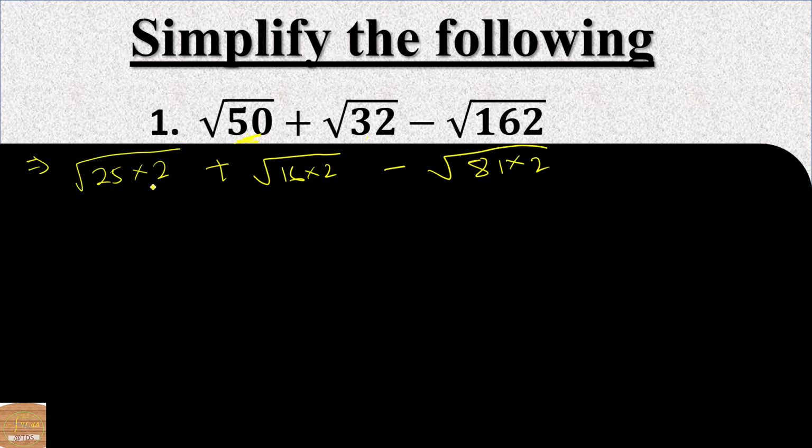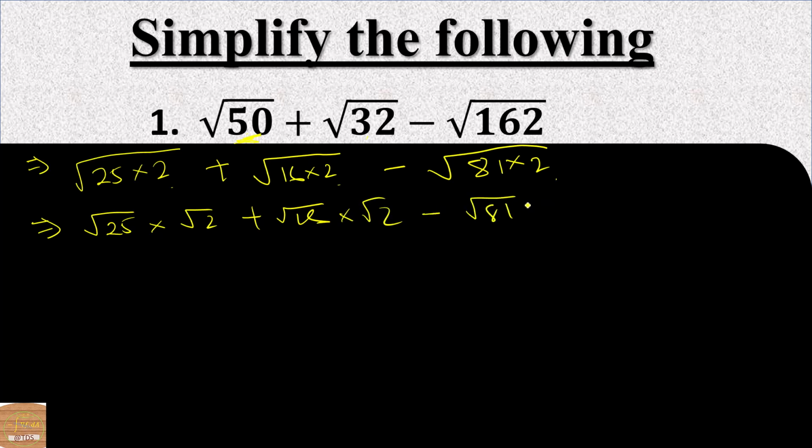So let's observe something here. We have 2, 2, 2. So if the test works for one, it will affect the rest. All right, so this is how it is. So let's move on. This one is the same as 25 times 2 plus 16 times 2 minus 81 times 2.